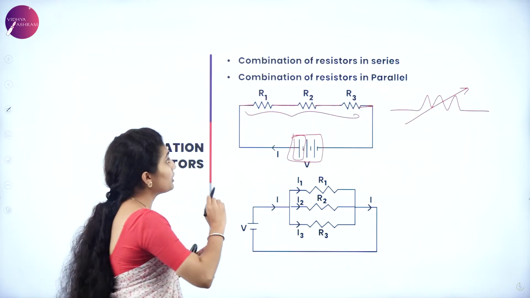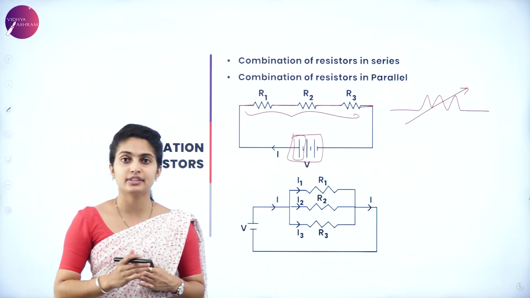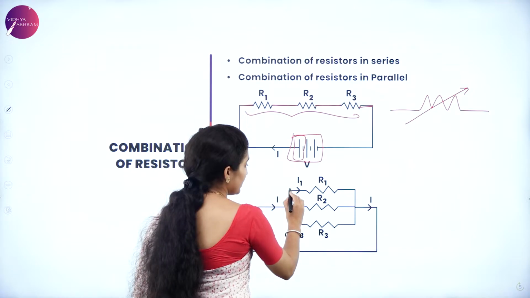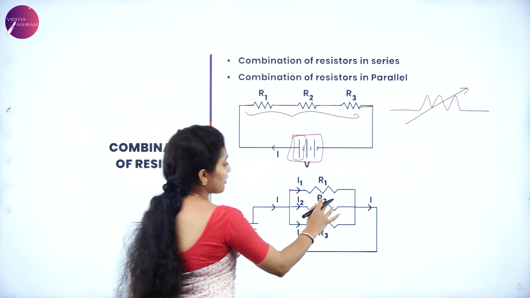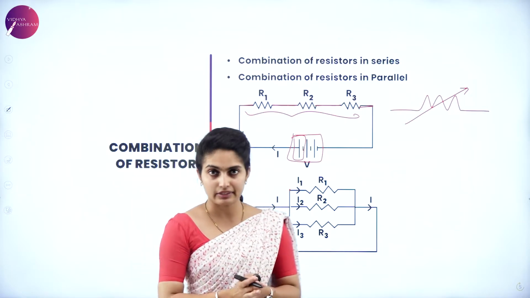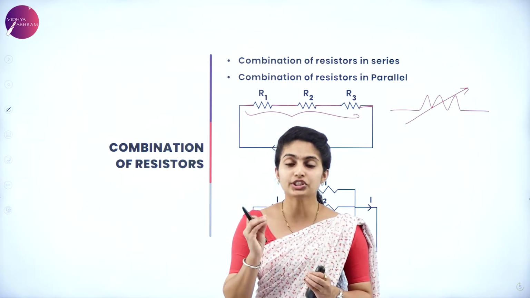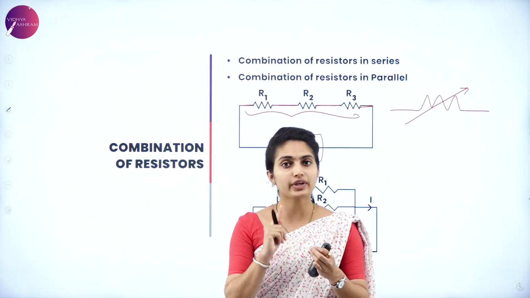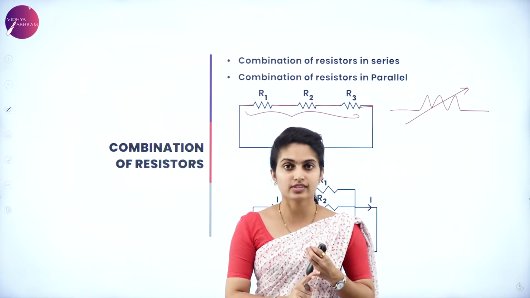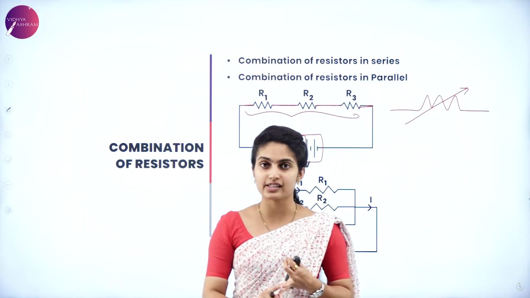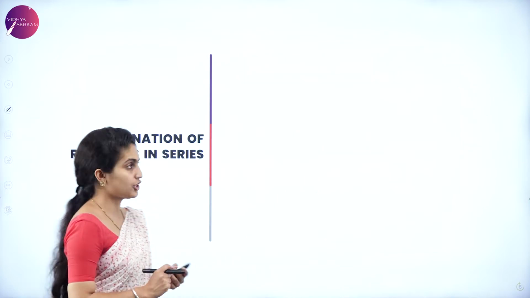And combination of resistors in parallel means one below the other, because we have three connections over here which are divided, one below the other, which is called parallel. So now it is our duty to derive the equation to know how to calculate the resistance in series as well as the resistance in parallel combination.